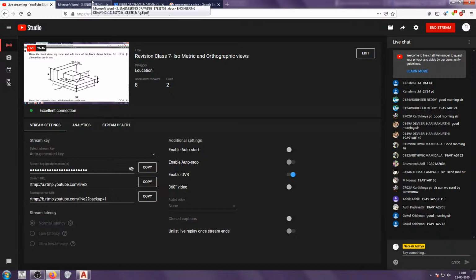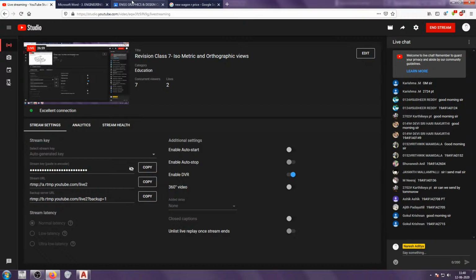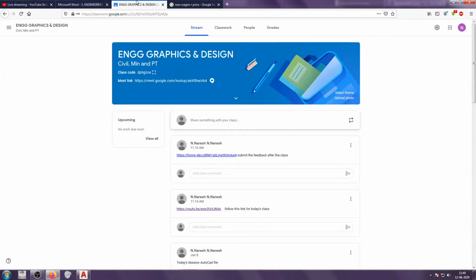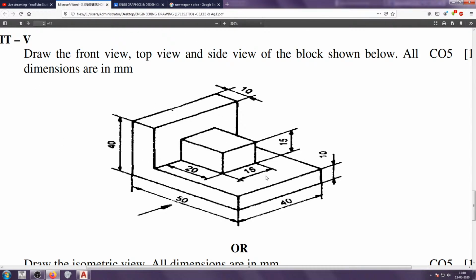Which view do we actually need to take? Yeah, Jayant, I've seen the mail. Tell me, now I need to take the side view as well, right? Which view do I need to actually take?